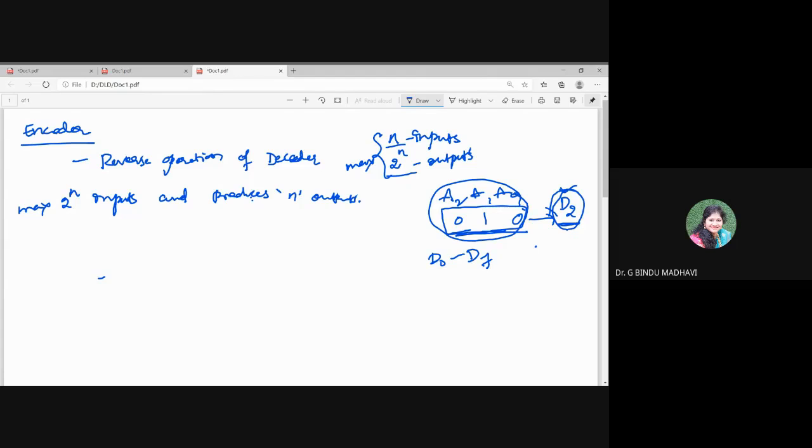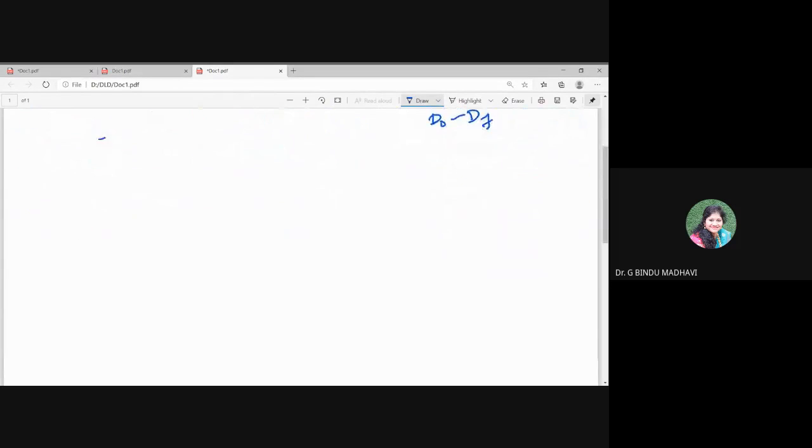Here we are discussing the 8 by 3 encoder, which is also known as the octal to binary encoder.